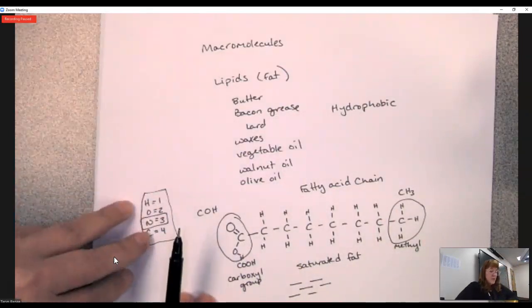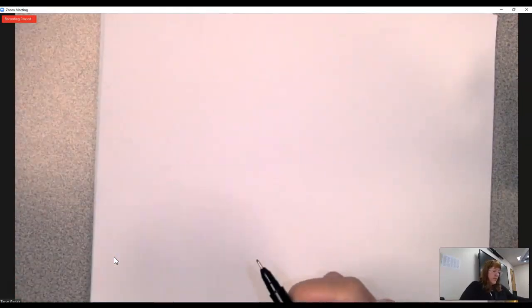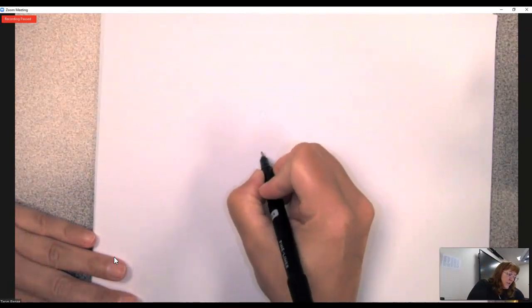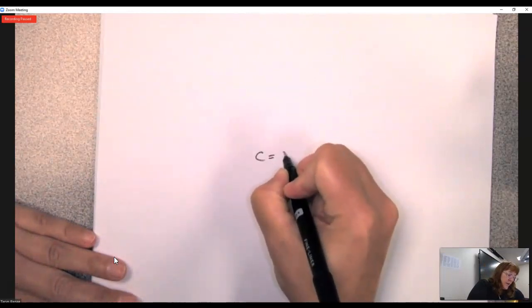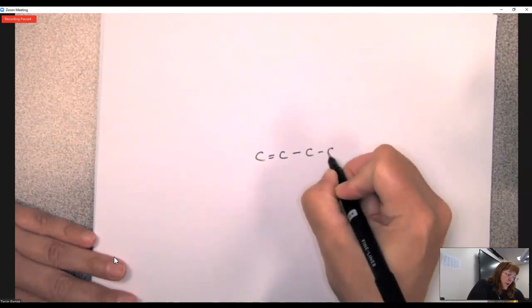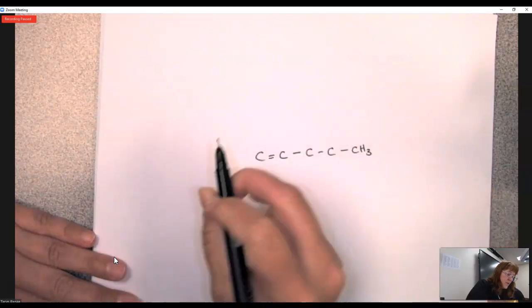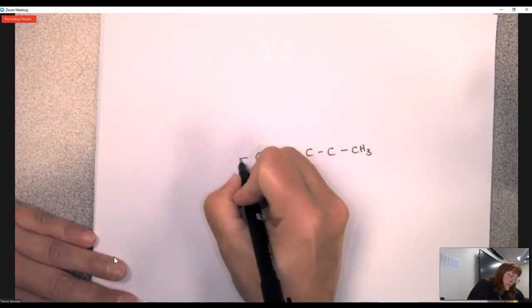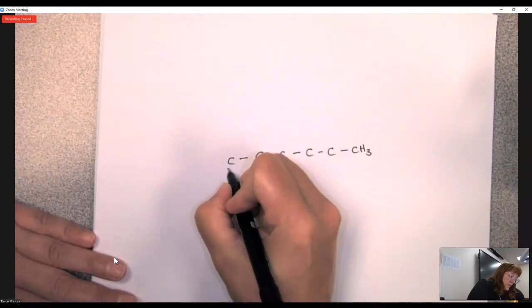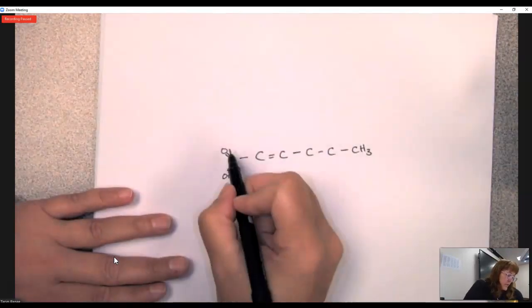So we're going to now draw an unsaturated fatty acid. And all we're going to do is create a double bond somewhere. So we just have to put in at least one for this to become unsaturated. I'm just going to draw that one that way. Okay, so we have our carboxyl group over here.